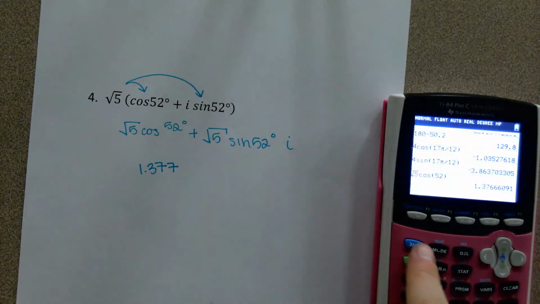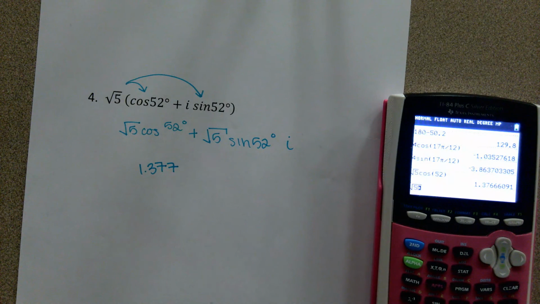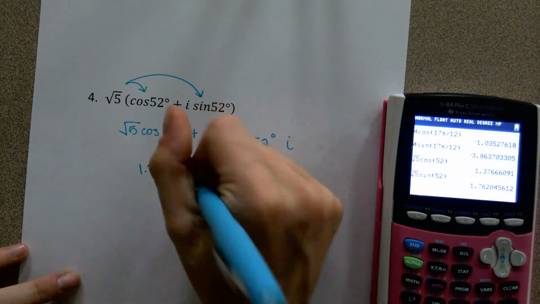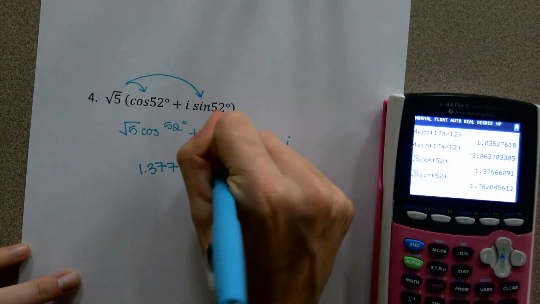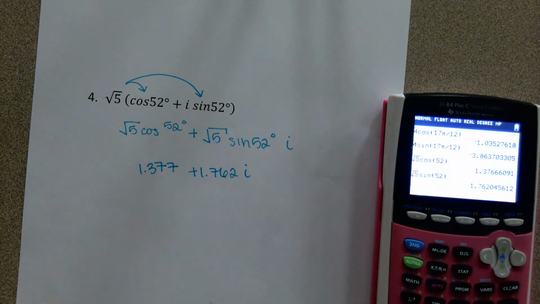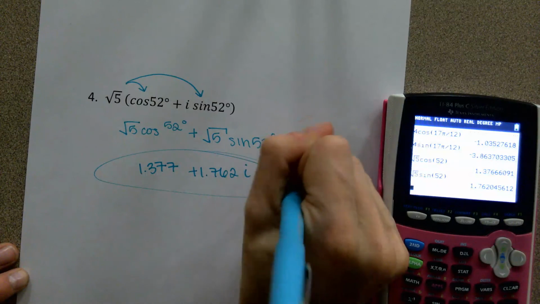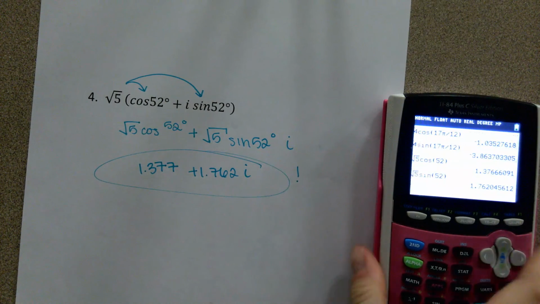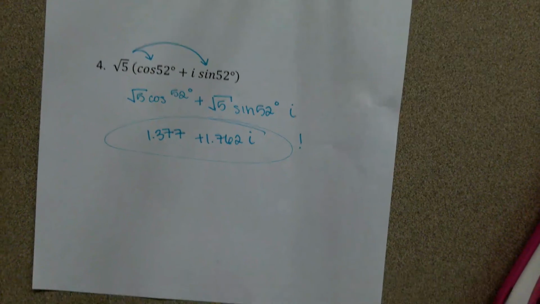And then we can do square root 5 sine of 52 degrees, and we get 1.762. So we are adding 1.762, and don't forget that that is imaginary. And that's all. Really short, easy, simple lesson today.